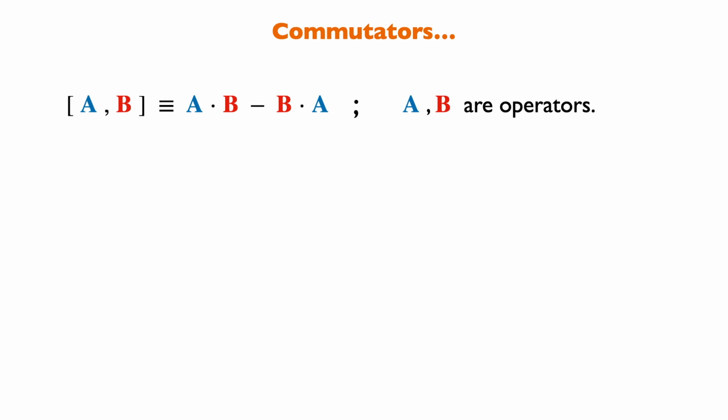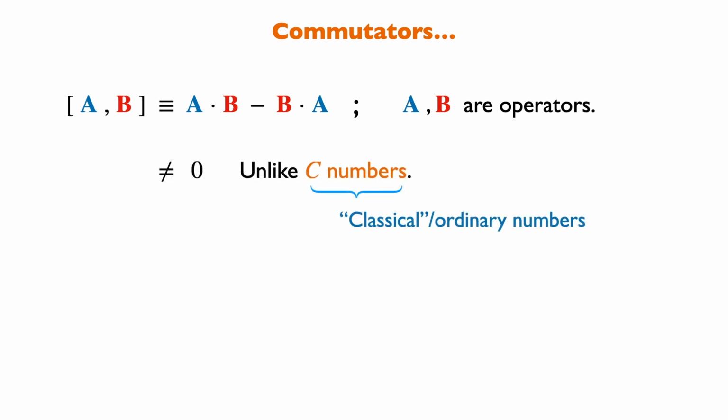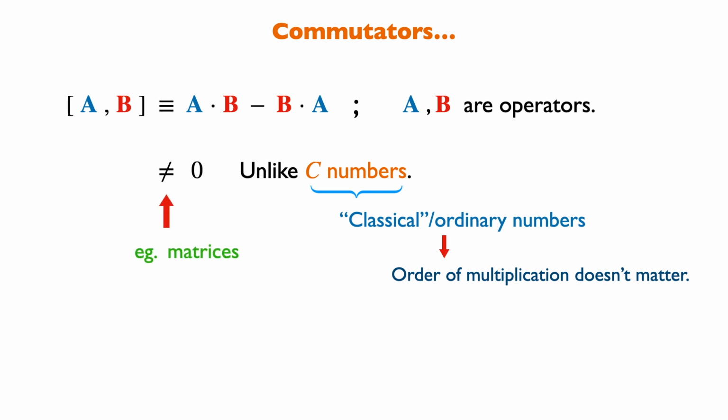The commutator between operators is typically not zero, unlike c-numbers, which refer to classical or ordinary numbers for which the order of multiplication does not matter. You can think of this in terms of products between matrices. The result of a commutator is some other operator acting in the same Hilbert space, which could also be just a number.